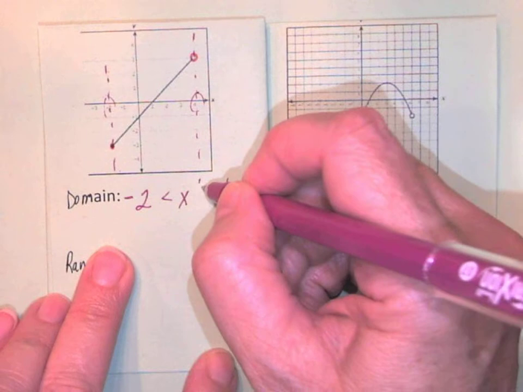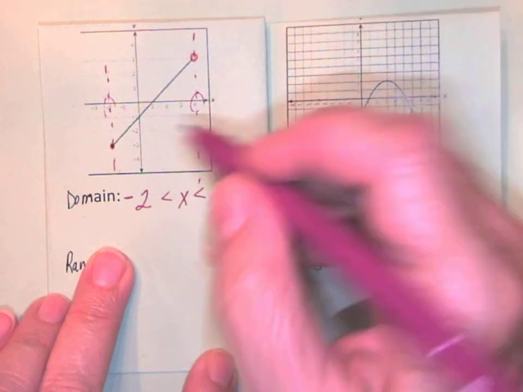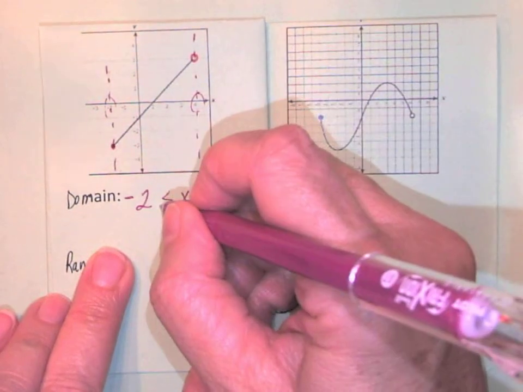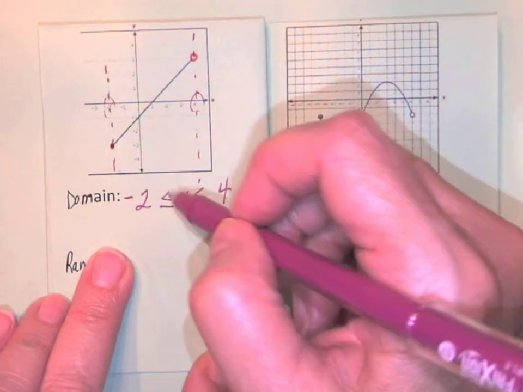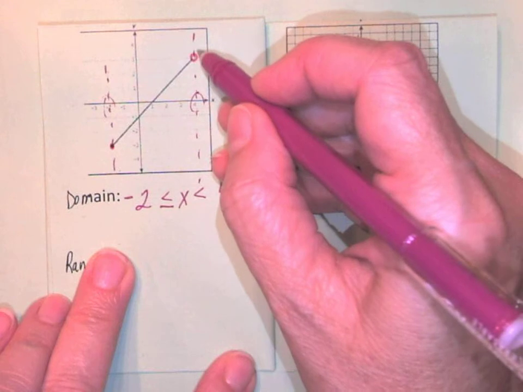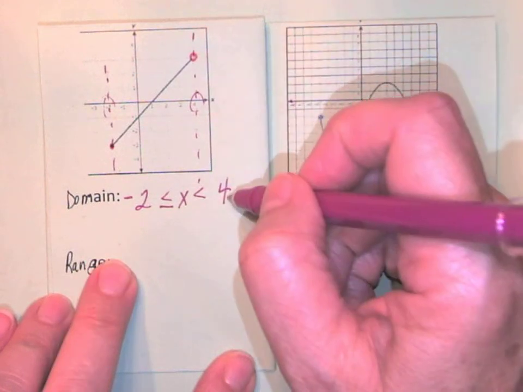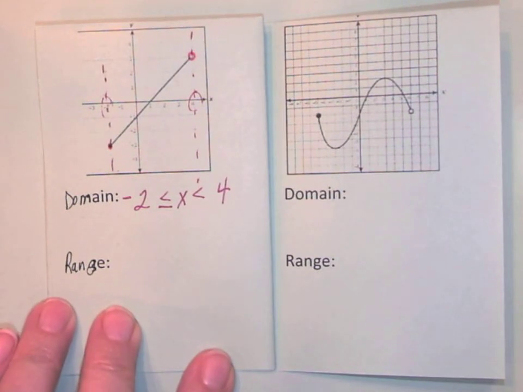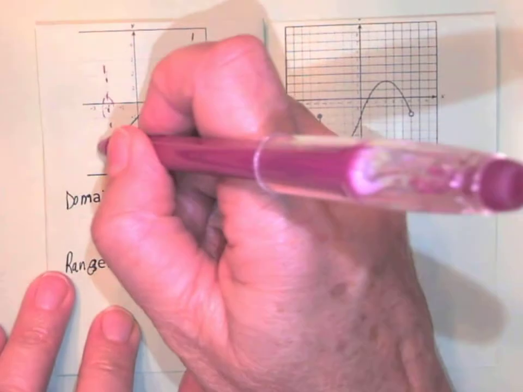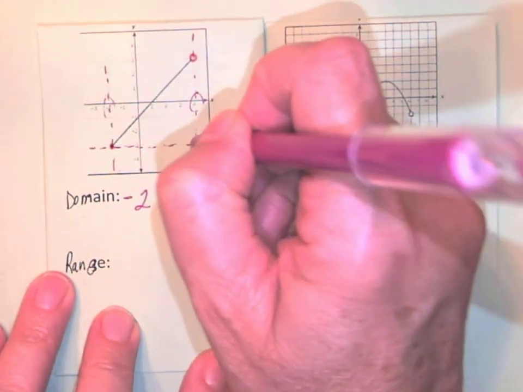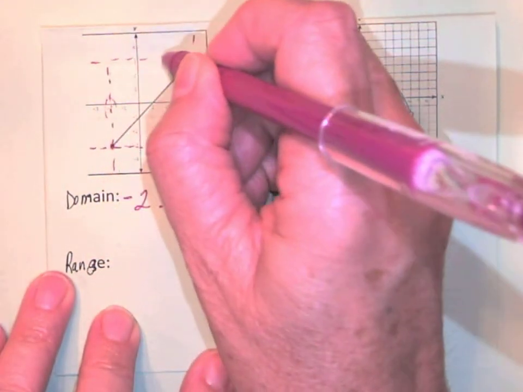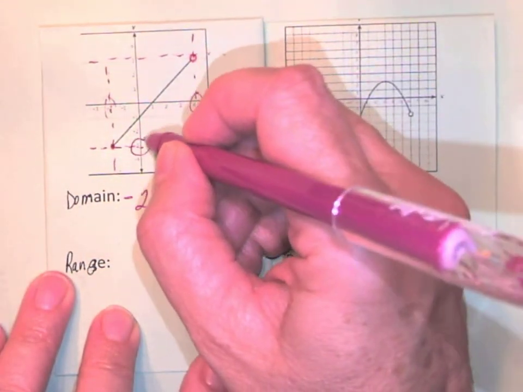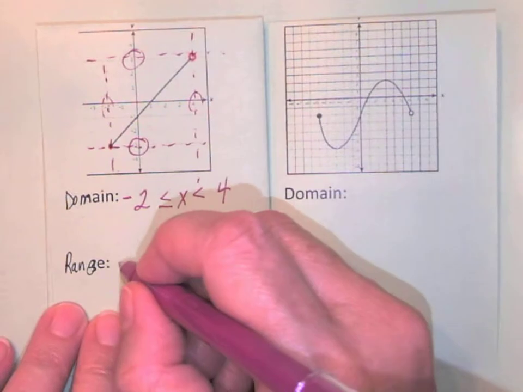I always have less thans because I'm going least to greatest. At the negative 2, it's colored in, so it gets a line under it. But at the positive 4, it's open. It does not include 4, so I don't put a line under it. It can't be 4. It has to be less than 4. Then on my range, I do my bottom boundary and my top boundary. I'm going to get negative 3 and positive 3.